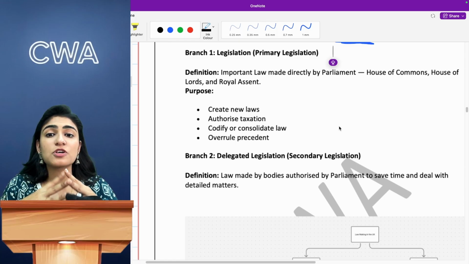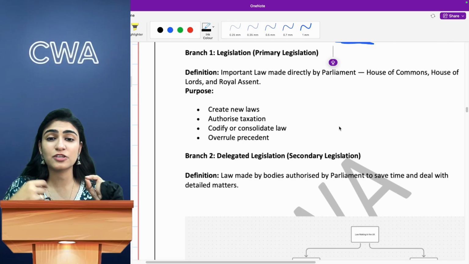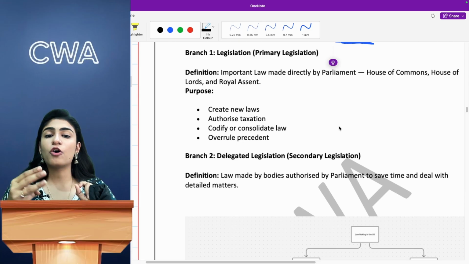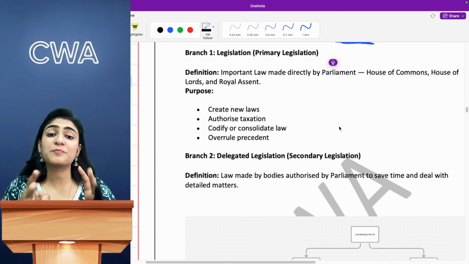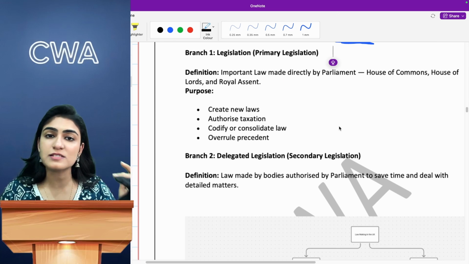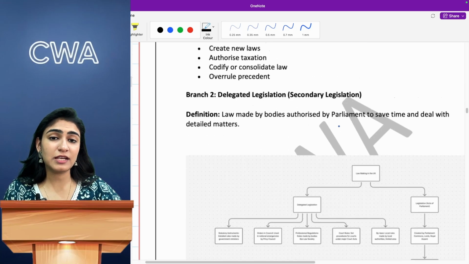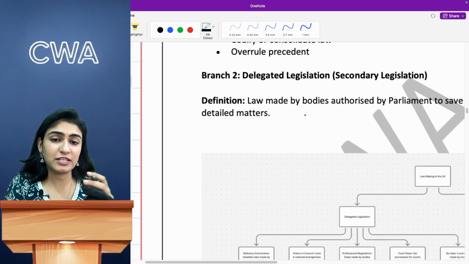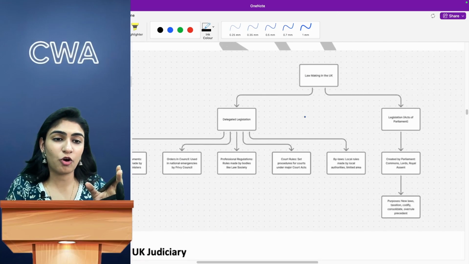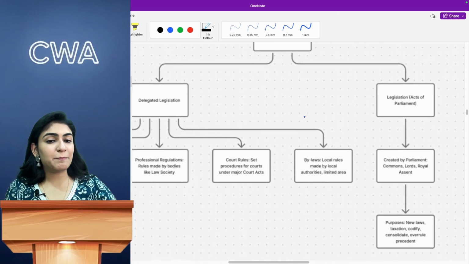Usually, the purpose of legislation is to make important laws such as taxation, new laws, or to overrule a precedent. Precedent basically means an old judgment or a previous law. So the legislation, that is the primary lawmaking, is done by parliament.